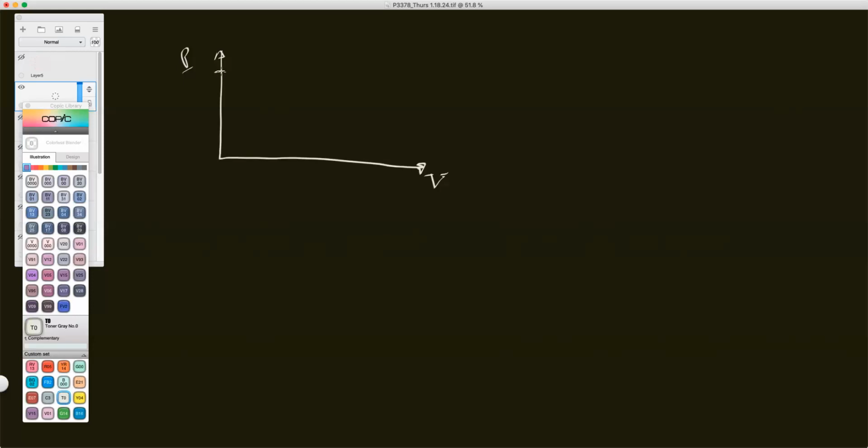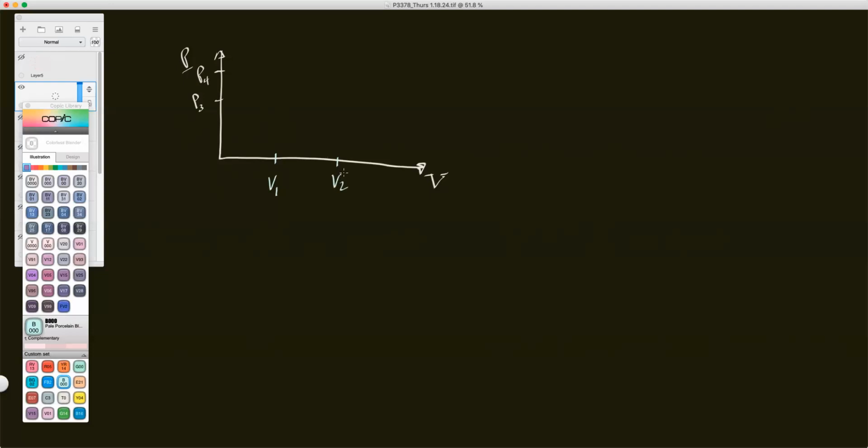Let's say we start from P4 and go down to P3, and I should say where we're going, V1 and V2 as well.